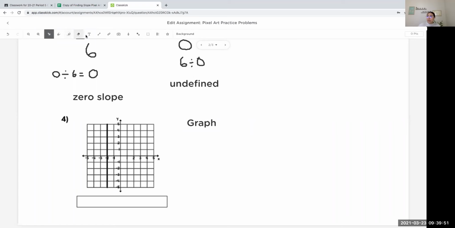When you have a graph, you need to pick 2 points. But if you look at that and you remember our different types of slope, think about writing your word slope. You really don't even have to do work for this one if you didn't want to, but we can. But if I write the word slope, I can't even really write the word slope. I'd have to write it something like this.